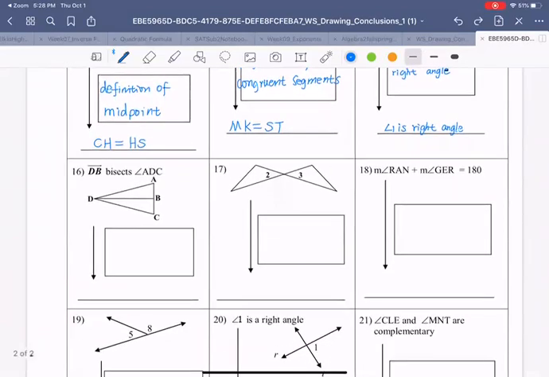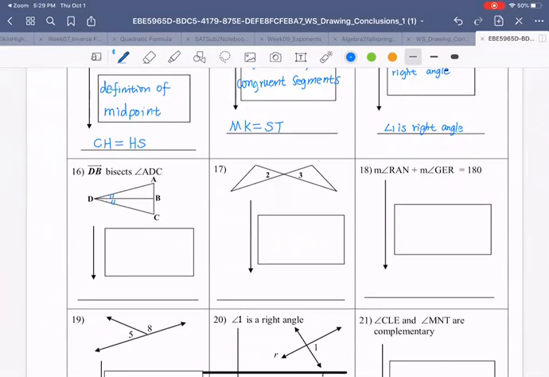Look at 16. You be careful. You tell me what you write down over here. DB bisects angle ADC. You did this today, Brian.